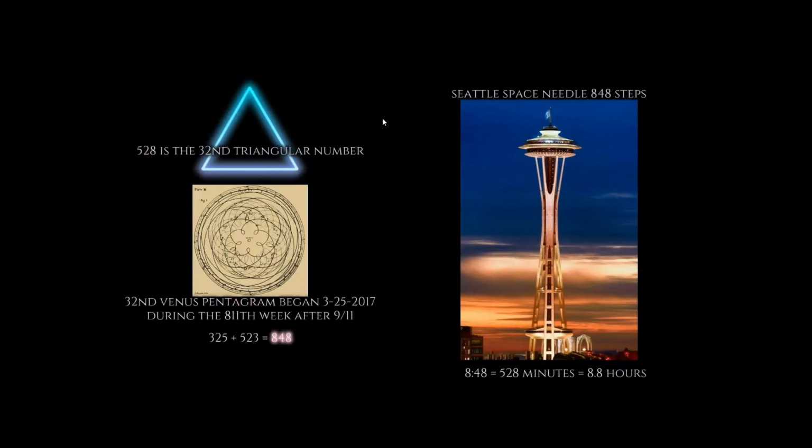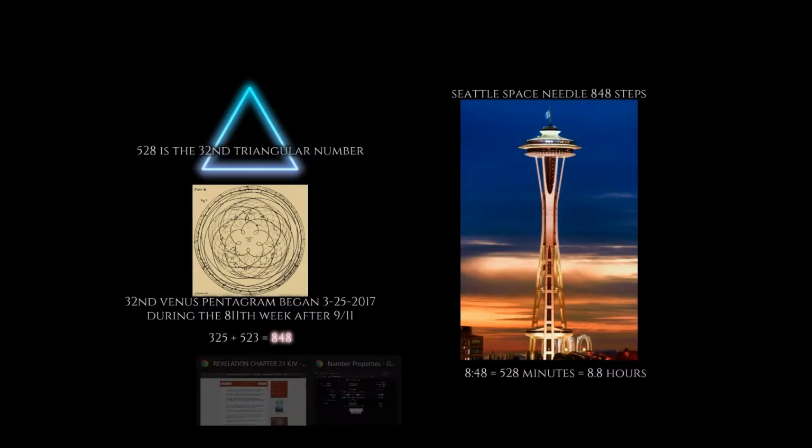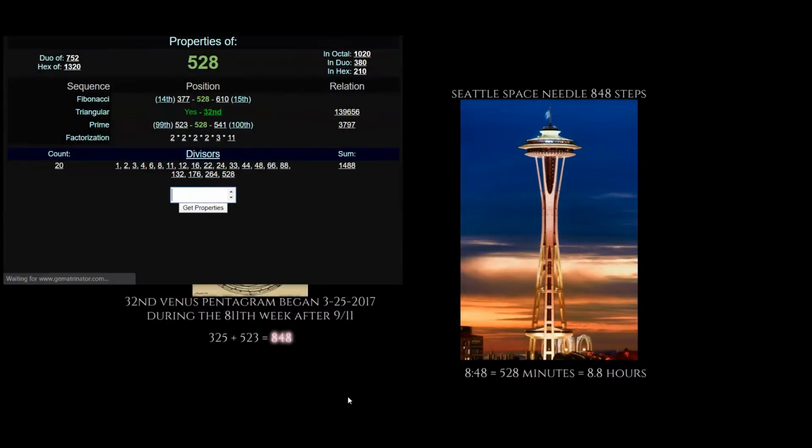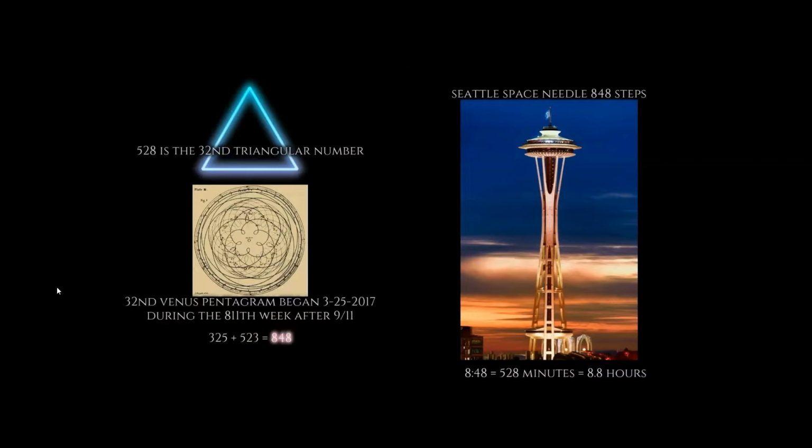So the number 528 is the 32nd triangular number. As I've shown before, we have been counting. I showed you the count of the Venus pentagrams from the Revelation 12 sign that was on June 3rd, 1769. And we began the 32nd Venus pentagram on March 25th, 2017.